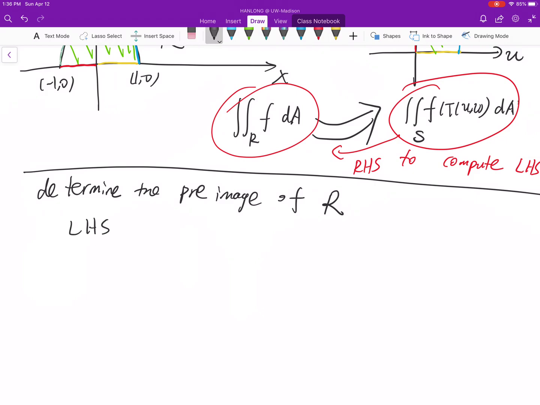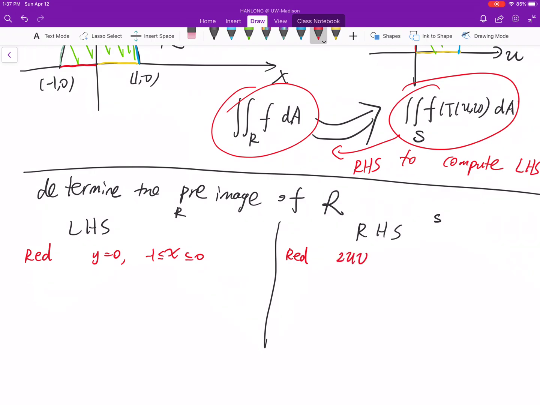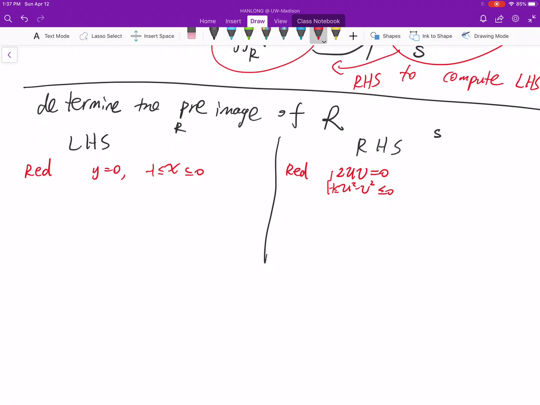This is the left hand side, data in R, data in S. So the red one is parameterized by y equals 0, x is between -1 and 0. And what is the red one here? Because y equals 0 is 2uv, so 2uv equals 0, and u squared minus v squared is less than 0 and greater than -1. Okay, then solve it. What do you have?